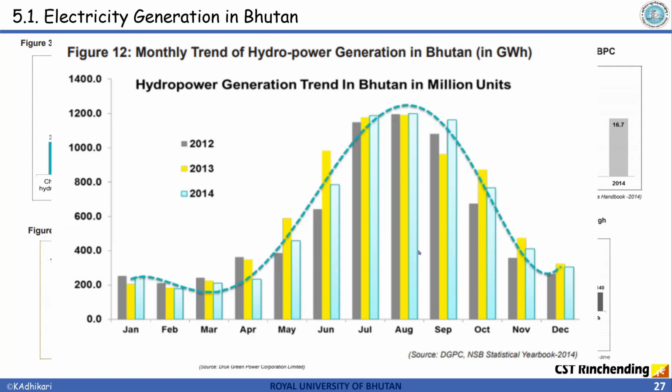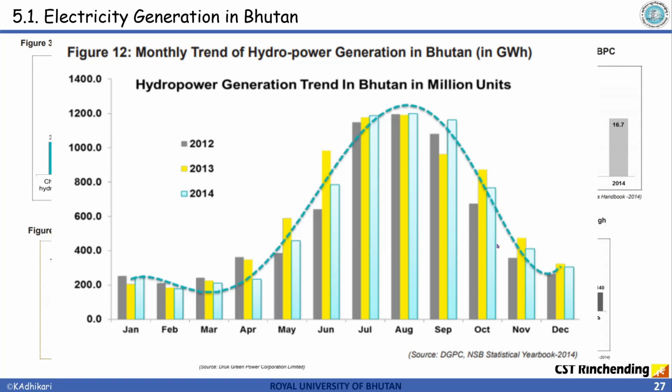I would like to particularly draw your attention to this graph. This is the hydropower generation trend in Bhutan. The gray one is for 2012, yellow is 2013, and the blue one is for 2014. As we go from January to December, the energy increases from February, reaches its peak in August, and then decreases.